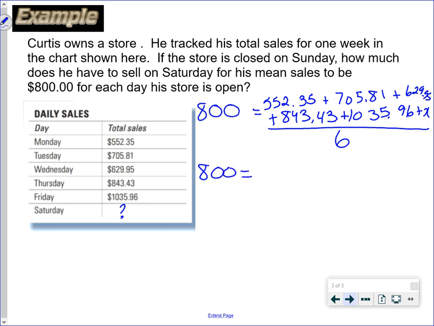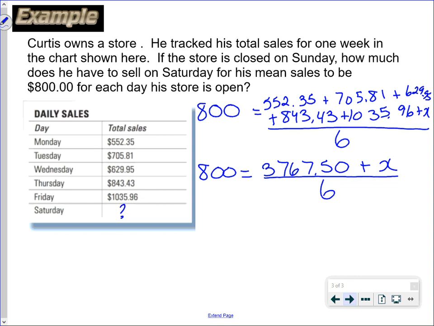So we're just going to simplify this a little bit. We're going to add up the values here, so the total sales of days from Monday to Friday. When we add that up, we get $3,767.50, plus whatever the Saturday total will be, and then we'll divide that out by 6.